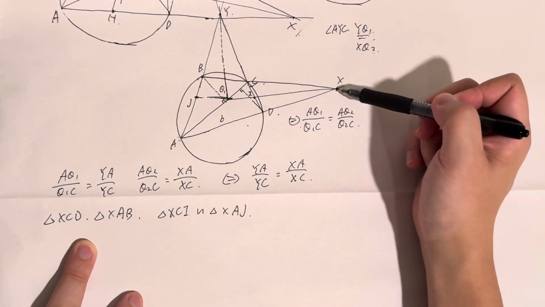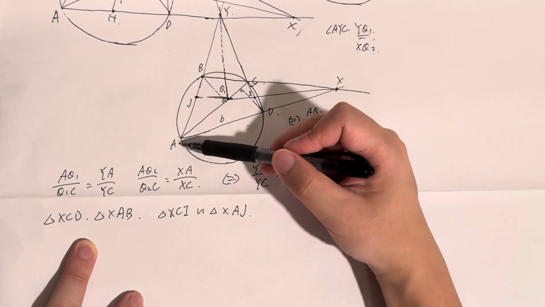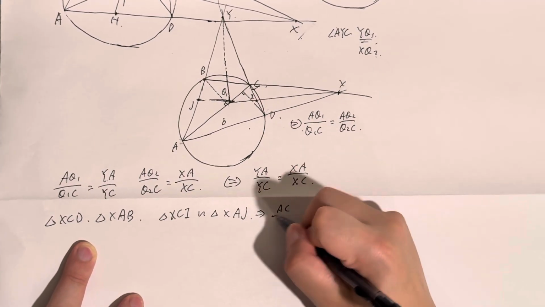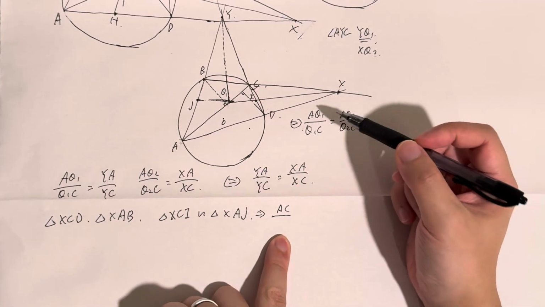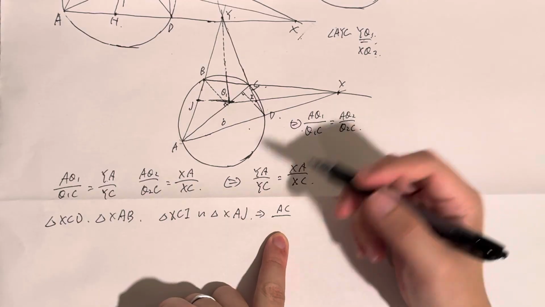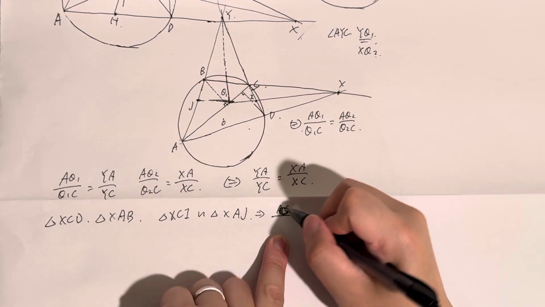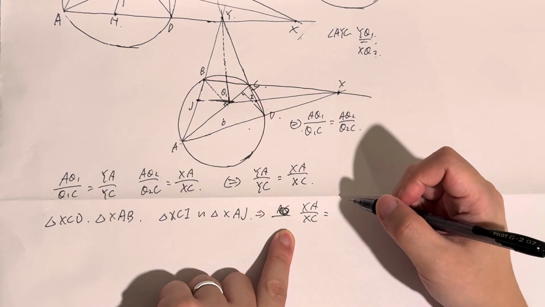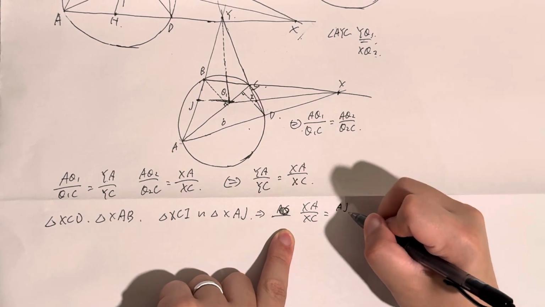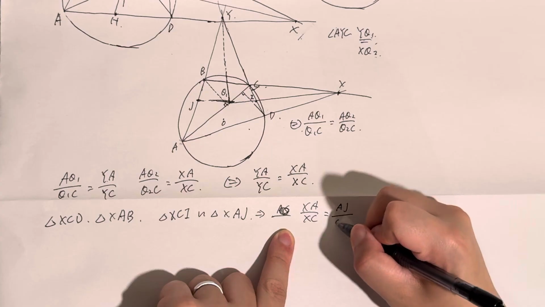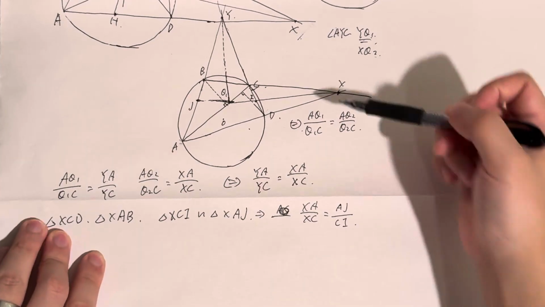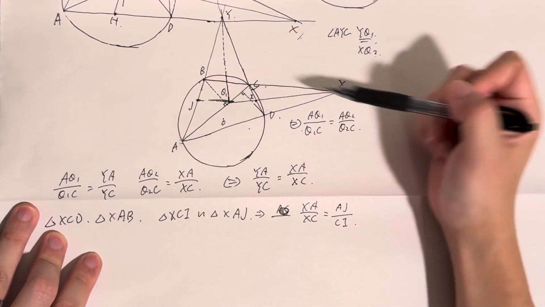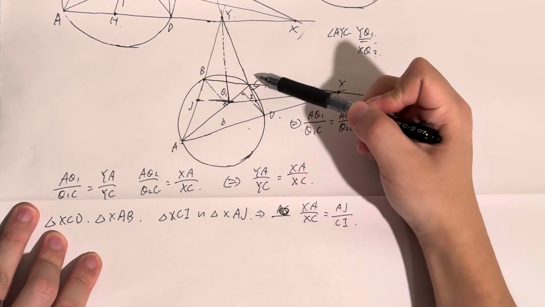So we know that triangle XCI is similar to triangle XAJ, which means XA to XC equals AJ to CI, right? XA to XC equals AJ to CI.